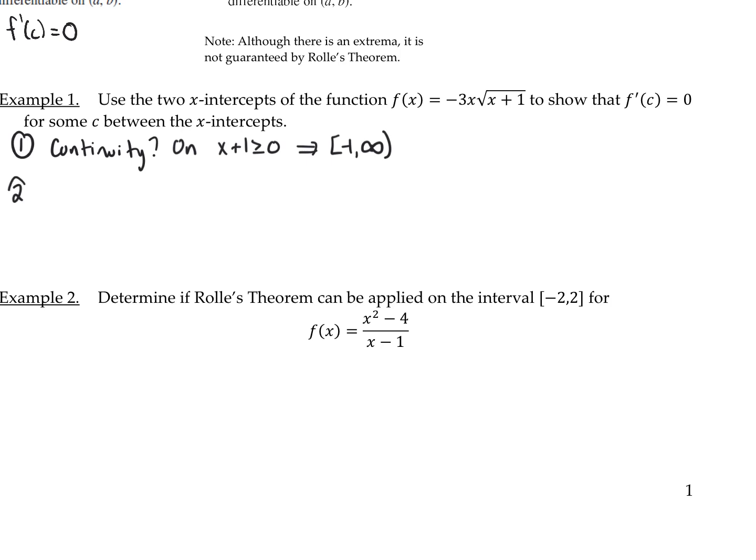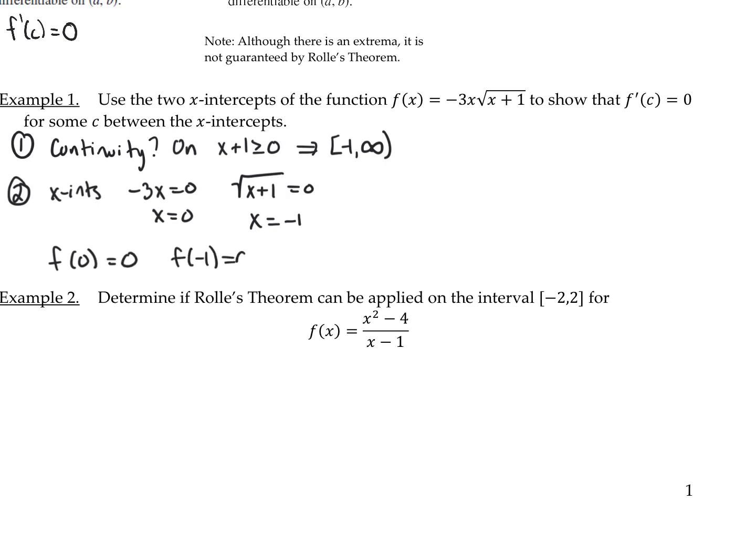We need to find two function values that are equal to each other, and it says to use the x-intercepts. The x-intercepts are when -3x equals 0, so x equals 0, and when the radical of x plus 1 equals 0, so x equals -1. So f of 0 is 0, and f of -1 is also 0.